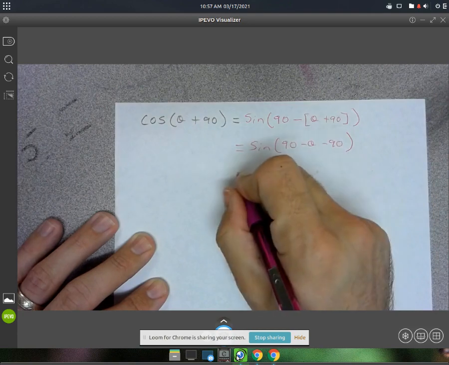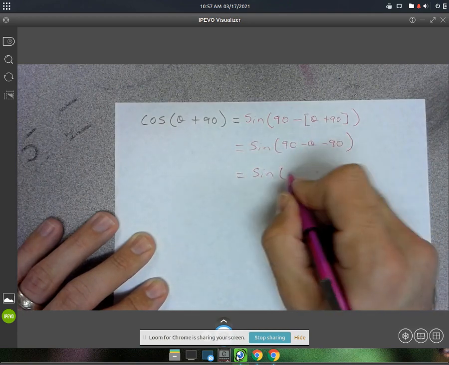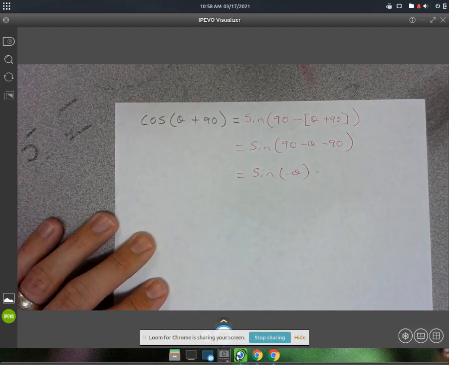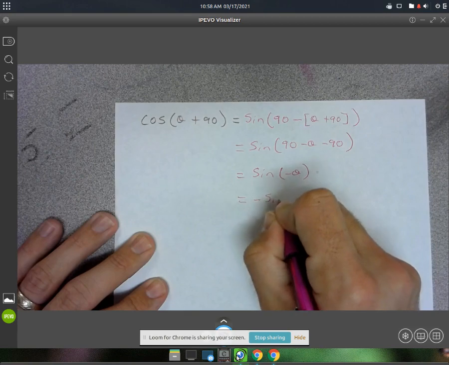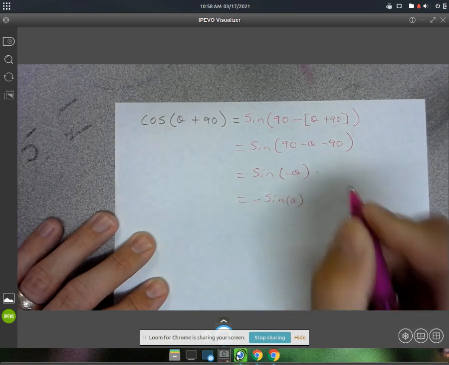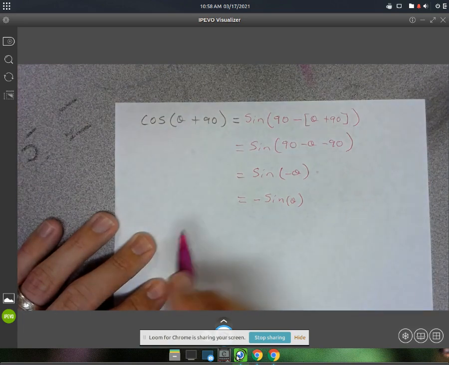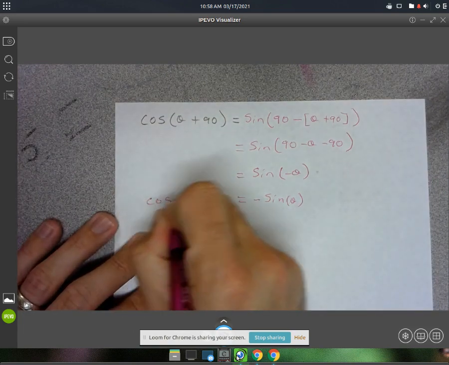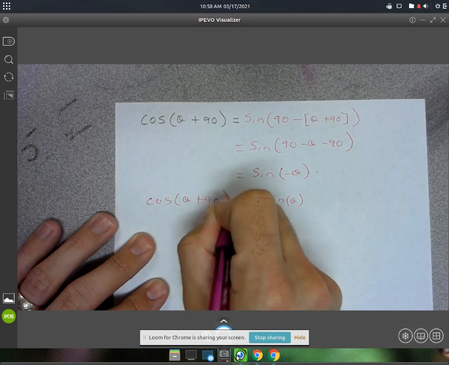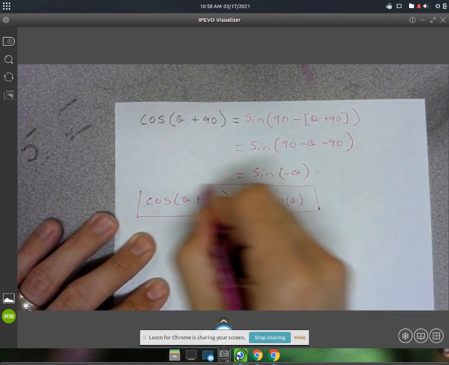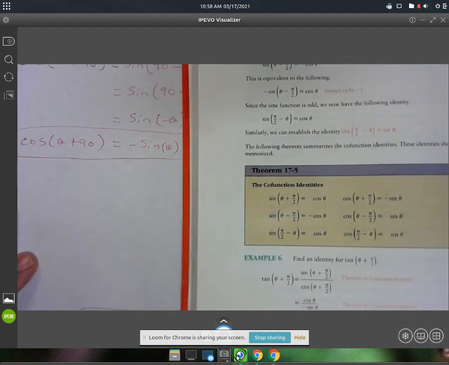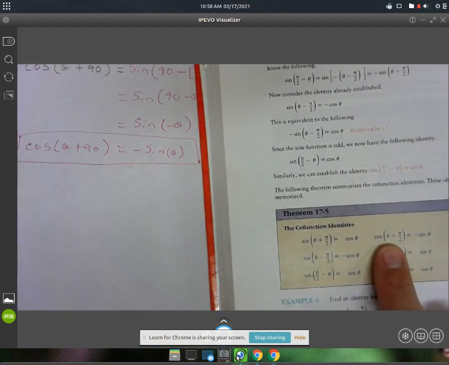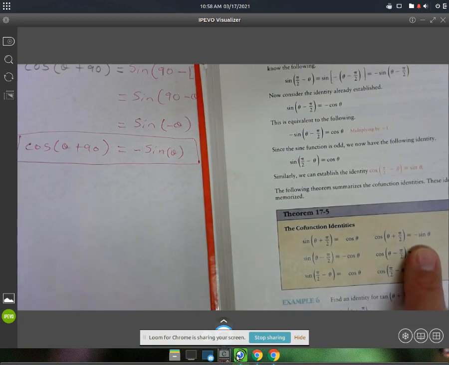The 90s cancel out. So I get negative theta. And then sine of negative theta is equal to negative sine of theta. All right, and I'll bring down my left side now. Cosine of theta plus 90. There we have it. I think that's all of them. Yes, that should be all of them. So we had cosine of theta plus 90 is equal to negative sine of theta.